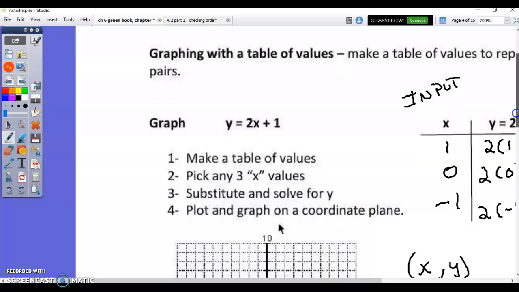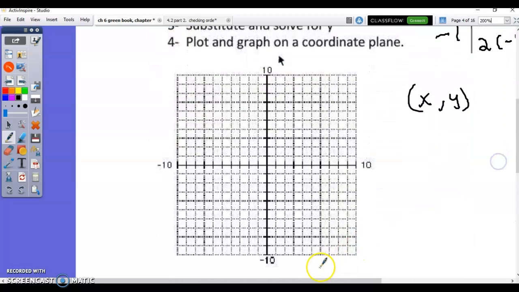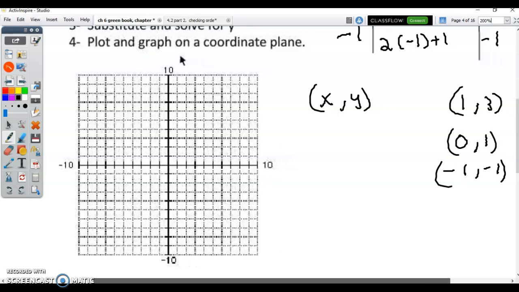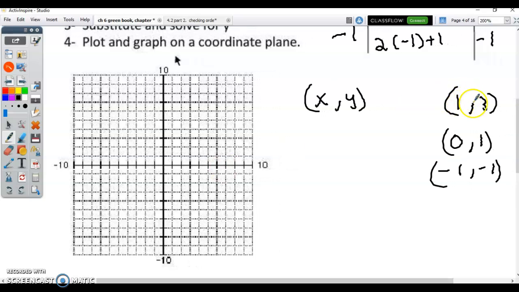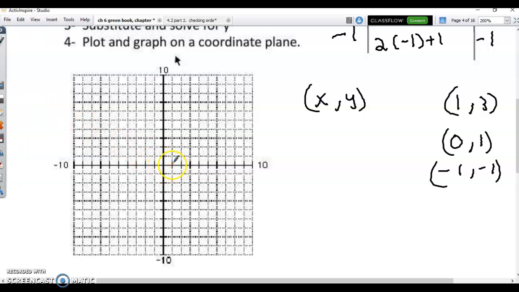All right, so we are going to graph these points now onto this coordinate plane. So for 1, 3, I go 1 on my x, and then I go 3 on my y. So 1 for the x, 3 for the y, and I put a dot there. So that's that dot.